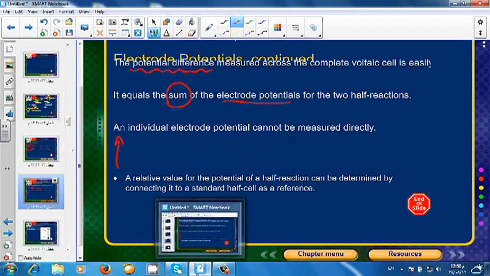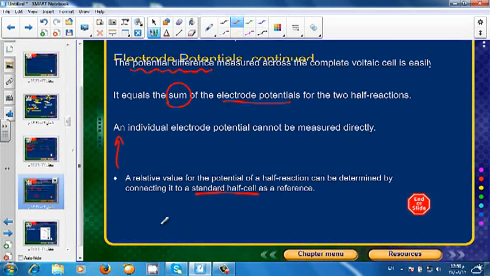So how can we measure it? We connect it to a standard half cell, as a reference, and we get the sum, with this electrode potential and the standard potential that we have, in order to calculate the individual electrode potential for a certain electrode. Let's apply.